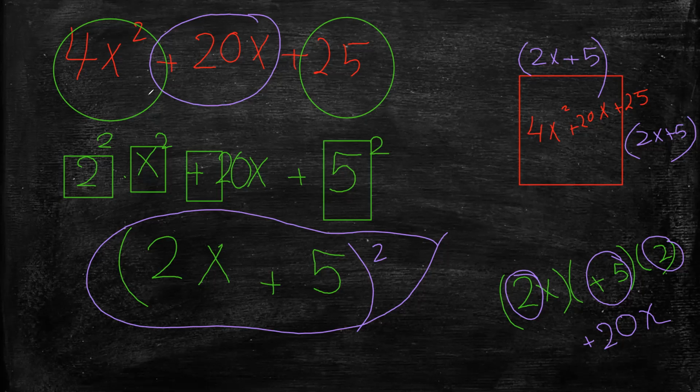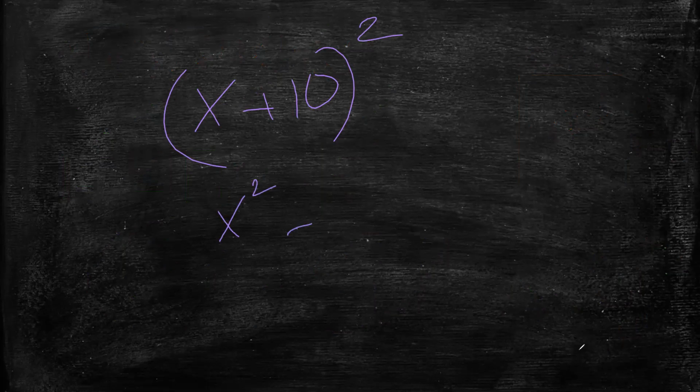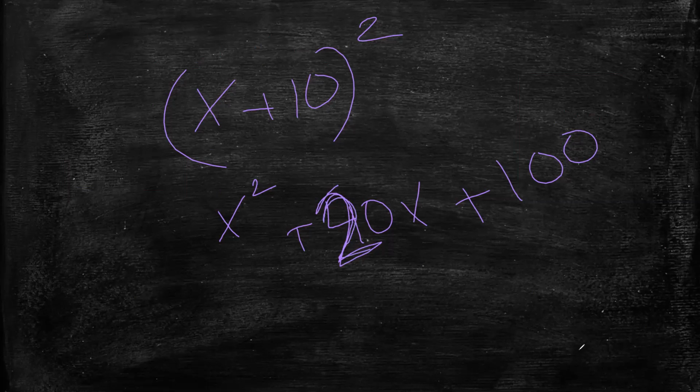x plus 10 squared? No. If you multiply x plus 10 squared, you will get x squared plus 20x plus 100.